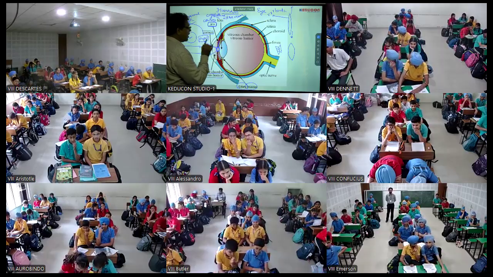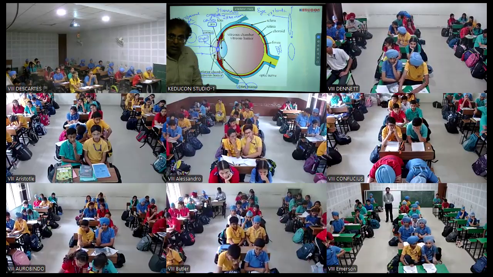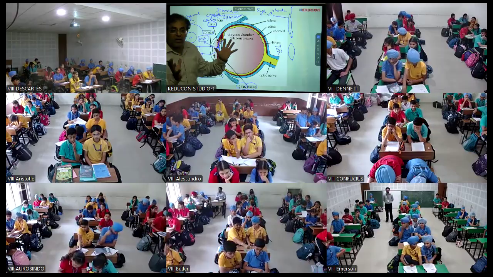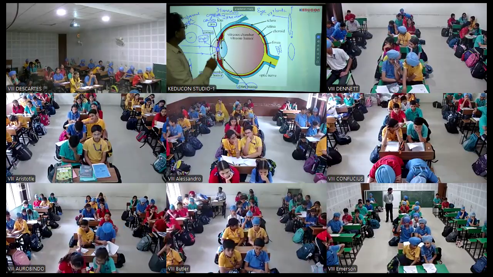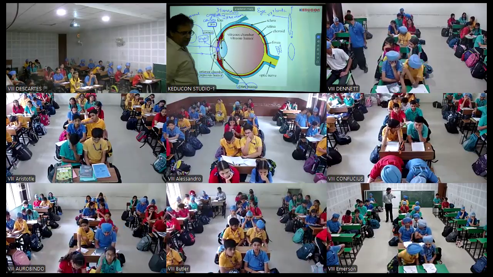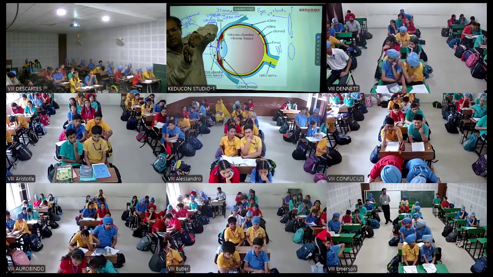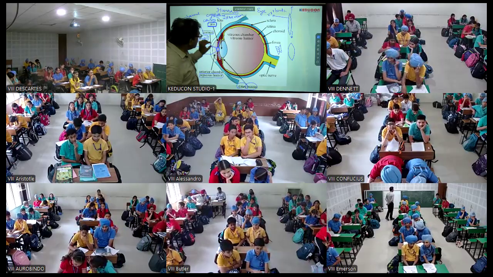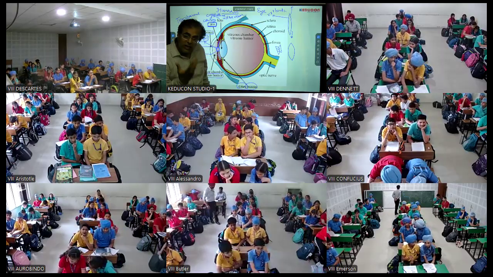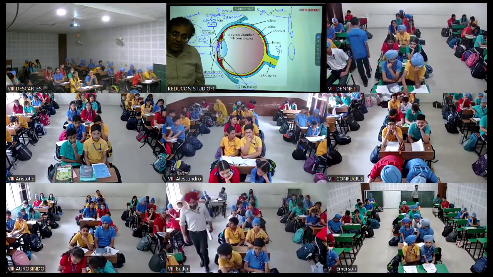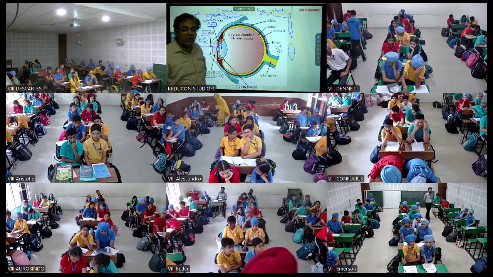So how much area of the pupil should be open to the ray of light? That is controlled by the iris. If the iris covers it from the front, it covers a larger portion, and lesser light goes in. Sir, how does it decide whether it should allow more light or less light?